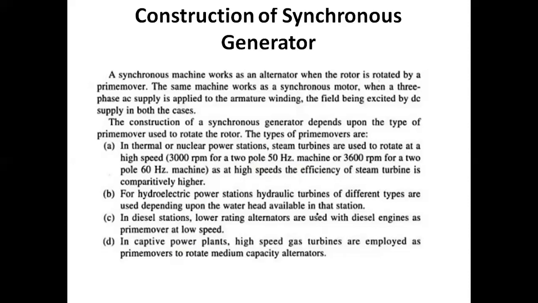In captive power plants, high-speed gas turbines are employed as prime movers to rotate medium capacity alternators.